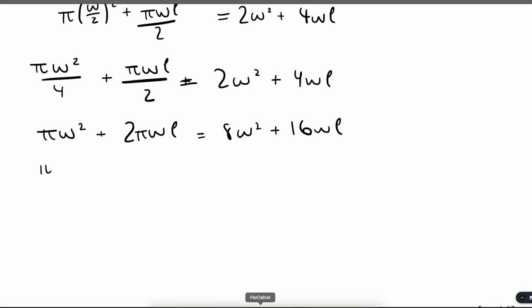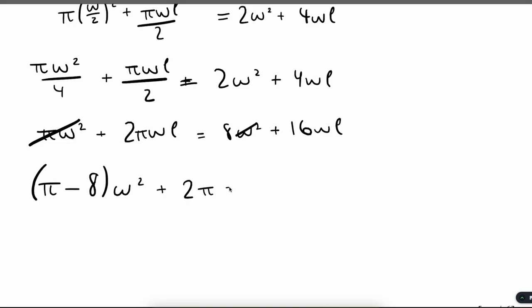So let's subtract it all onto one side. So we've got pi minus 8 W squared, because I've subtracted the 8W squared, and then we've got plus 2 pi minus 16 WL. Alright, good. So we've got that equal to 0.